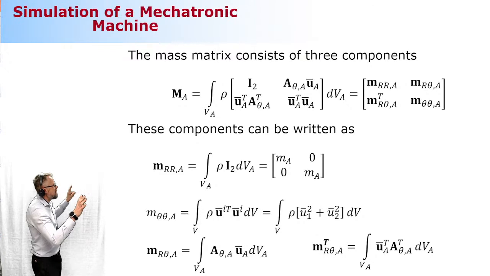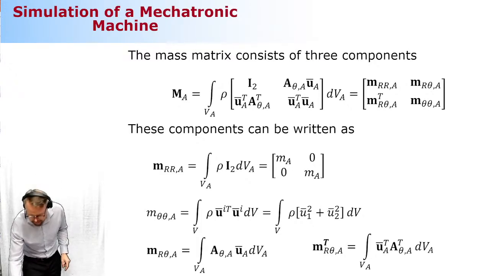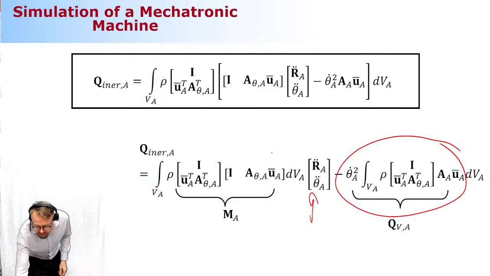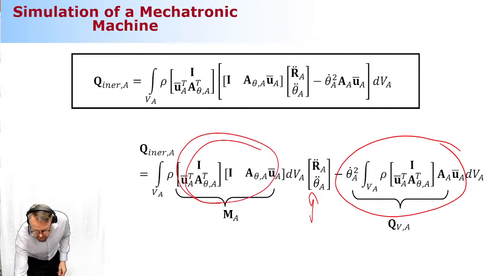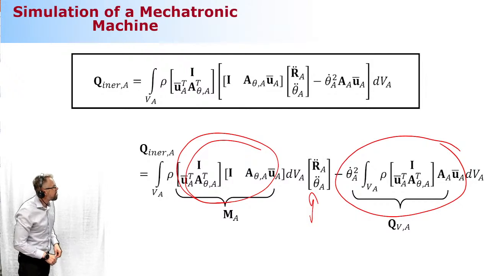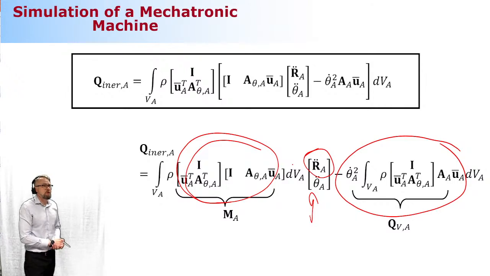This component that is linearly related to accelerations. Let me go back to this slide here. So I'm speaking about this component. R dot dot, this guy, consists of two components.